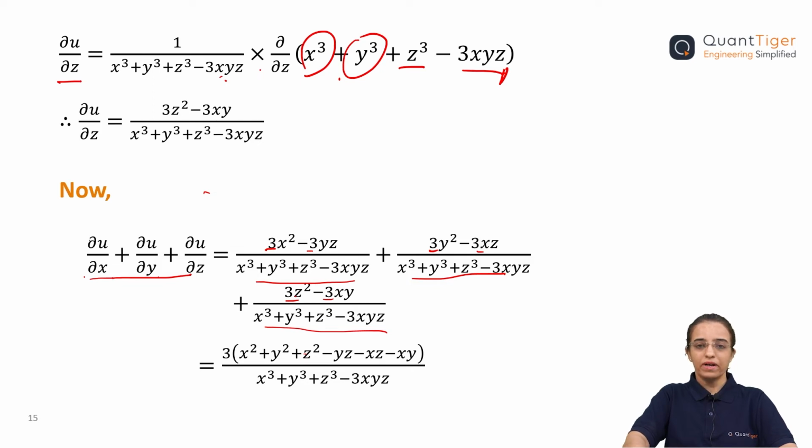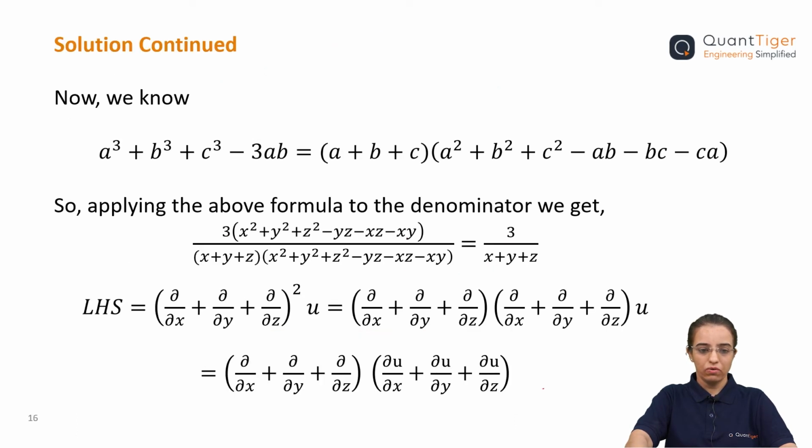सो यहाँ पे हमने numerator को तो simplify कर लिया, denominator को we have to still simplify it. If you look here, it's given in the form of cube. So this looks very similar to the expansion formula which you might have learned in school, which is in the cube form. So I have to remind you, or to revise you, I have put it over here.